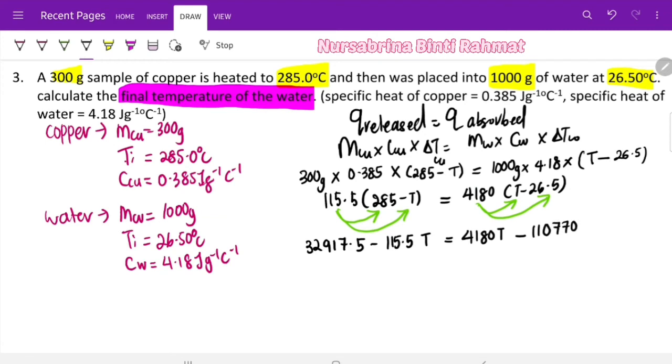Okay, so we're going to move one of the T, this T, to my right side and this number into my left side.